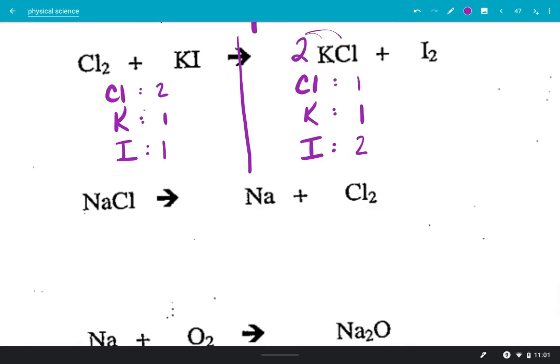So that applies to both of those. 2 chlorines, 2 potassiums. Now I'm going to do the potassium. Looks like it's next. I put a 2 right there. 2 of those. 2 chlorines, 2 chlorines, 2 potassiums, 2 potassiums, 2 iodines, 2 iodines. Sweet. So that one gets a 1. That one gets a 1.